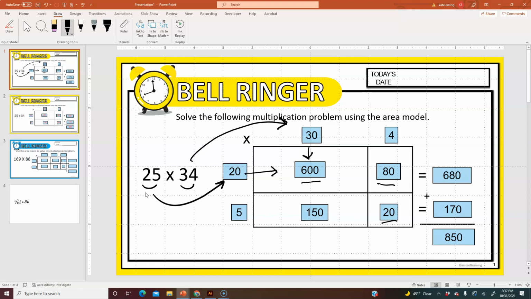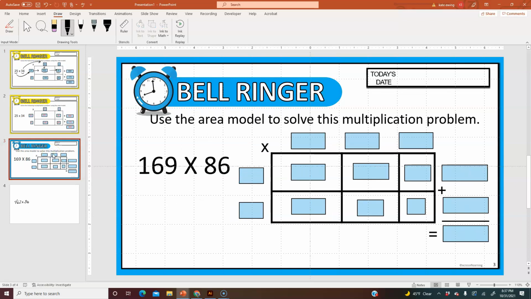Now you're going to add across, so 600 plus 80 is 680, and 150 plus 20 is 170. When you add those two numbers together, the total answer is 850. So that's one example of how to use the area model to solve a 2-digit by 2-digit problem.